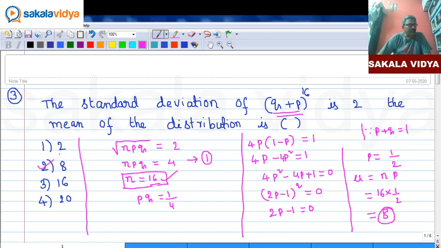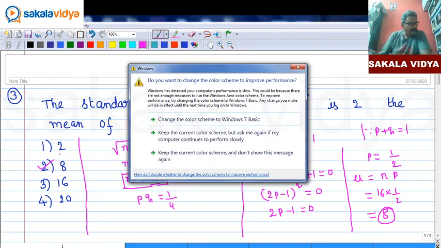So second option. Right, understood now?